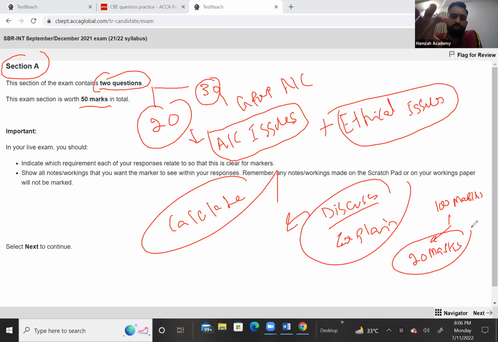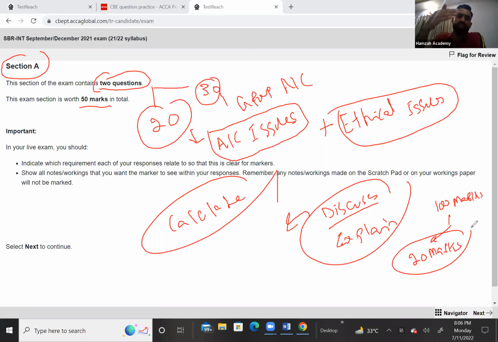In that portfolio, some properties are being rented out, some are being used by the company, some are being held for sale, and the question mentions that the company is using IAS 16 property, plant and equipment for all of those properties. Let's say the requirement is to discuss the accounting treatment of these properties by the management.